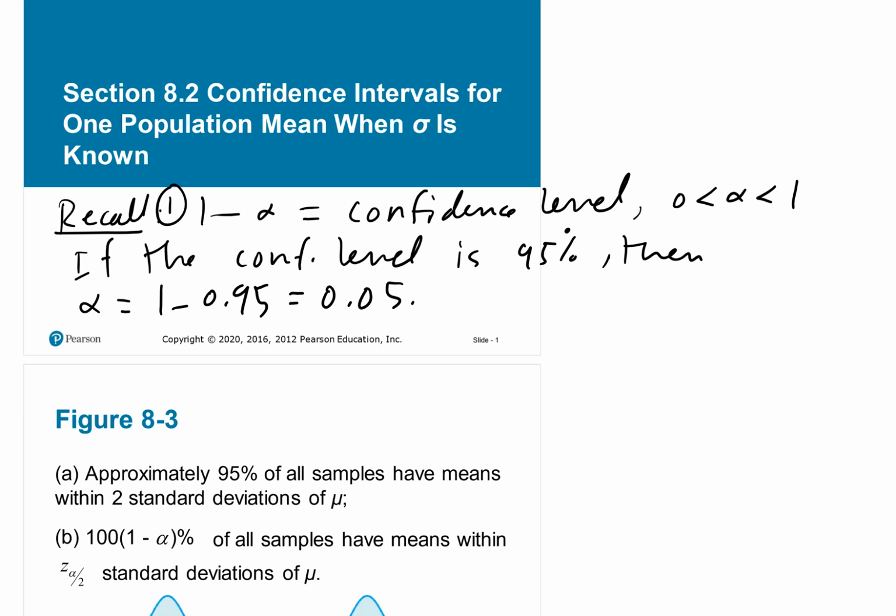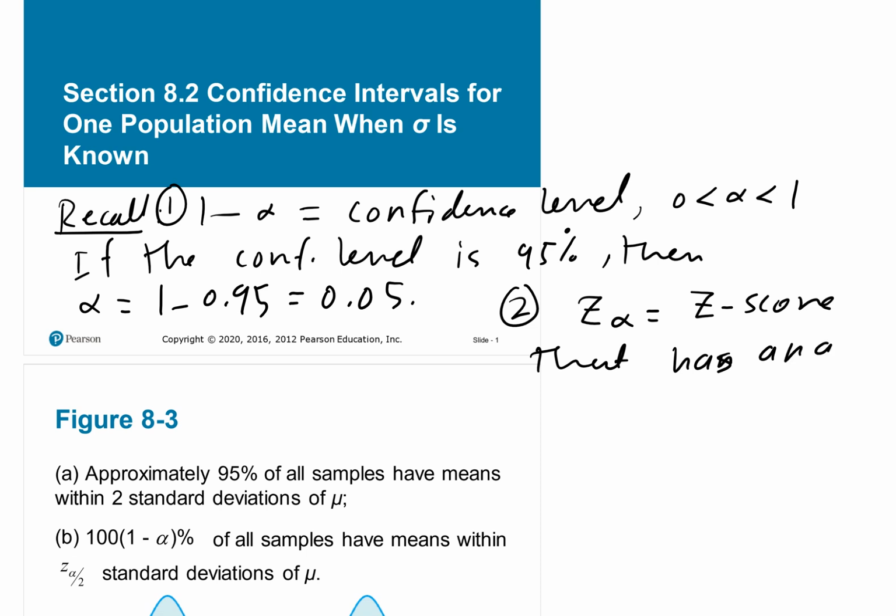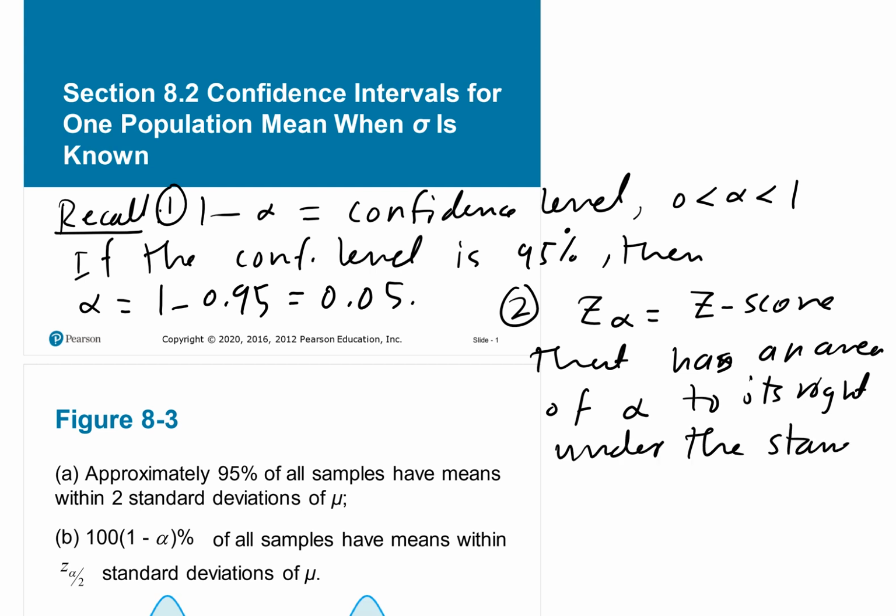Number 2 to recall is the z-score. So z sub alpha is the z-score that has an area of alpha to its right, under the standard normal curve.